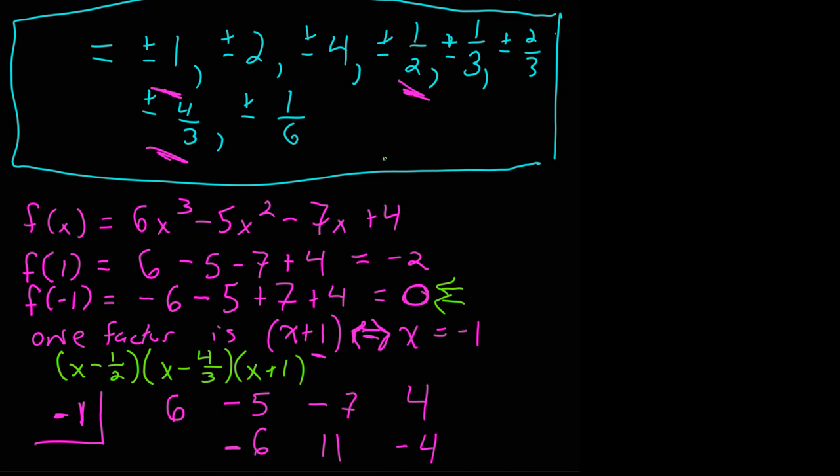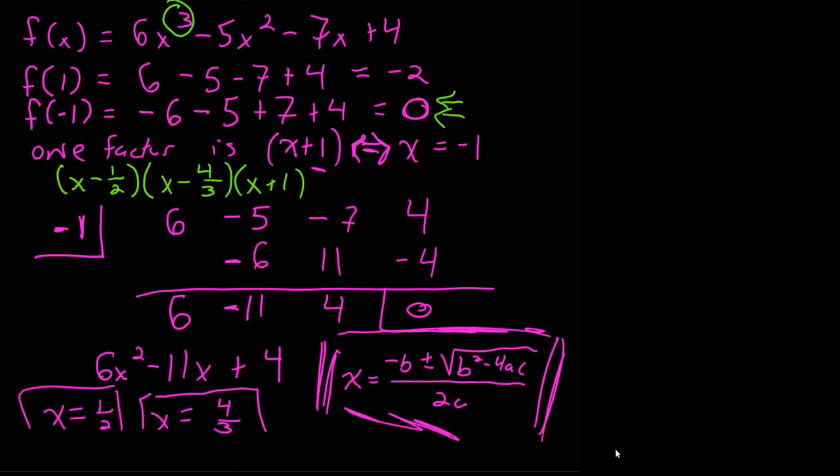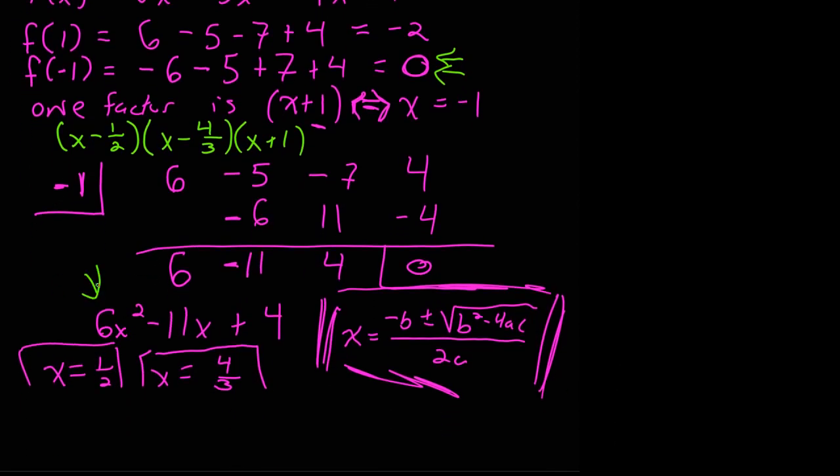We're going to try to be smart about it, and we're going to try to reduce our polynomial. This is where synthetic division speed really comes in handy. Once you have found one factor, I can take this third degree polynomial and, doing my synthetic division, reduce it to a second degree polynomial.